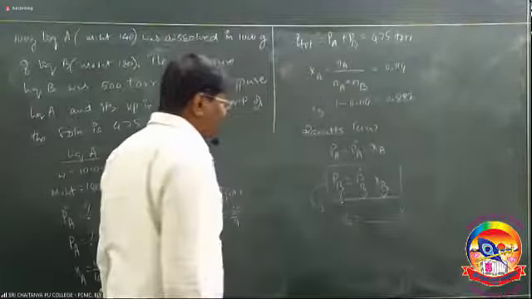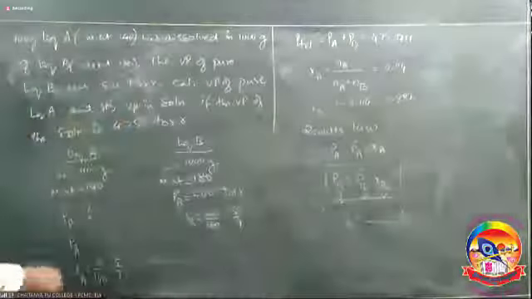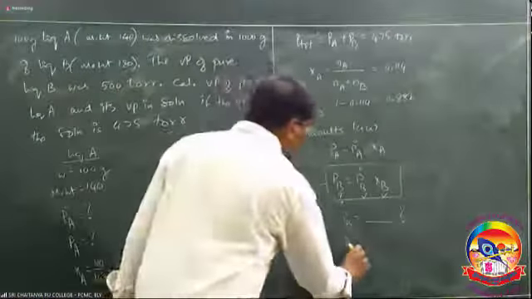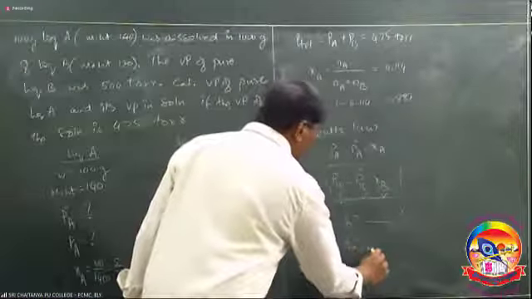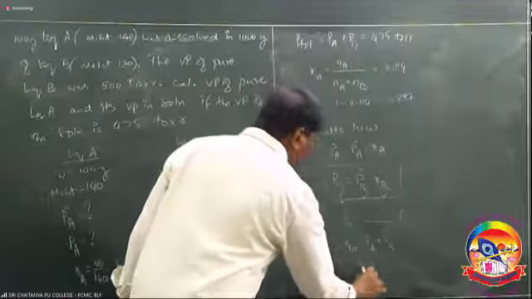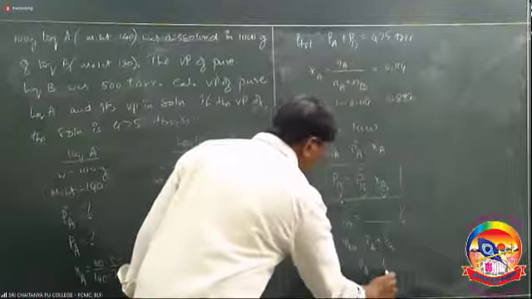After that, P total is given. P total is equal to PA plus PB, so from this, calculate the PA.